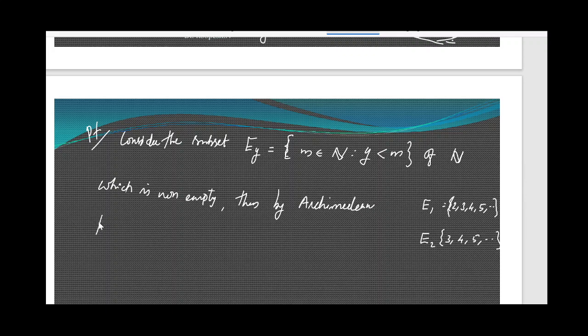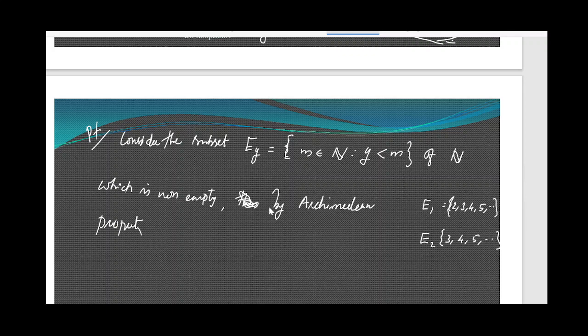So whenever you are having a real number, there should exist a natural number greater than it.